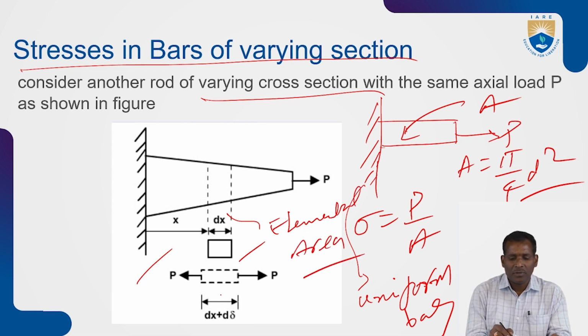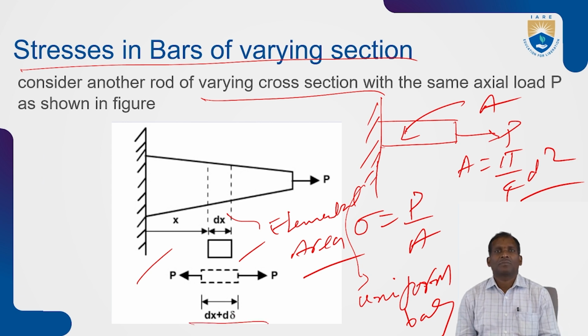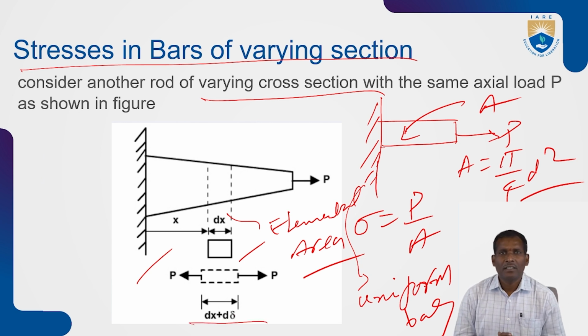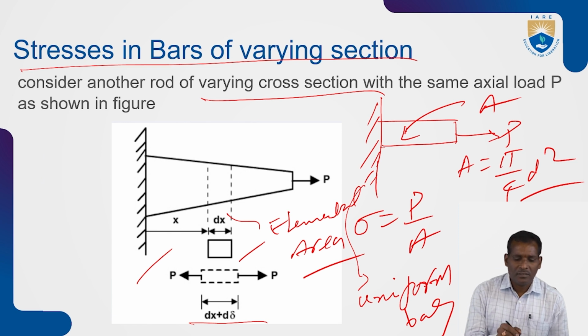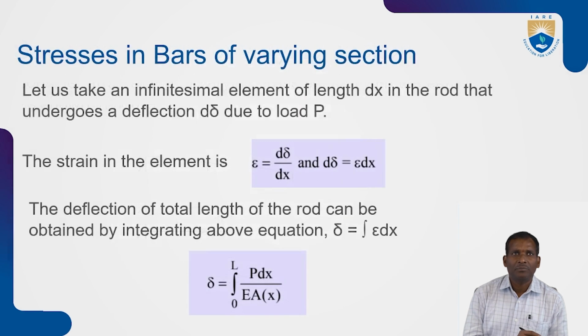Take this subjected to axial load, so that the elongation is dx plus d delta. With x distance from its support, take a small cross-sectional area and find the stresses on this elemental area.